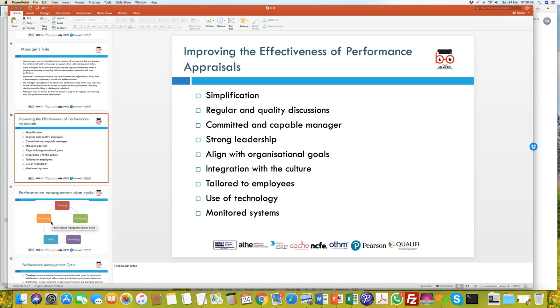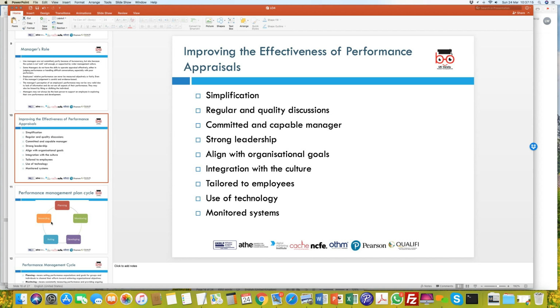So when we look at things like their effectiveness, we're talking about organizations creating performance appraisals. These performance appraisals are put in place as a system and as a process, and they are basically required.